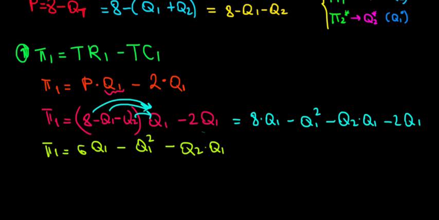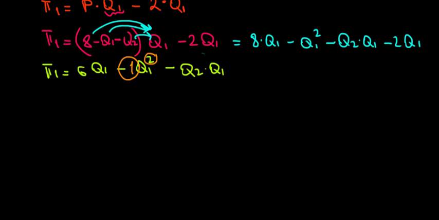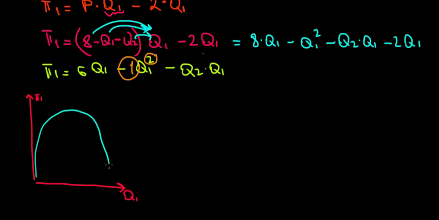Now what we can see is that profit is a quadratic equation depending on the quantity of the first company. So we have a quadratic function that's going to look concave. If we draw it real quick, with profit of the first company against quantity of the first company, it's going to be a parabola with a concave shape, meaning it's going to increase and later start decreasing.